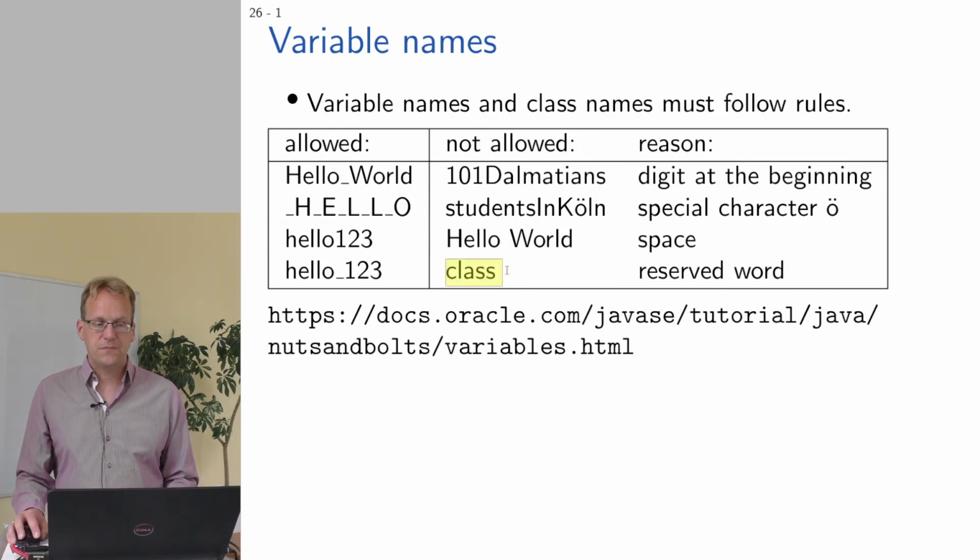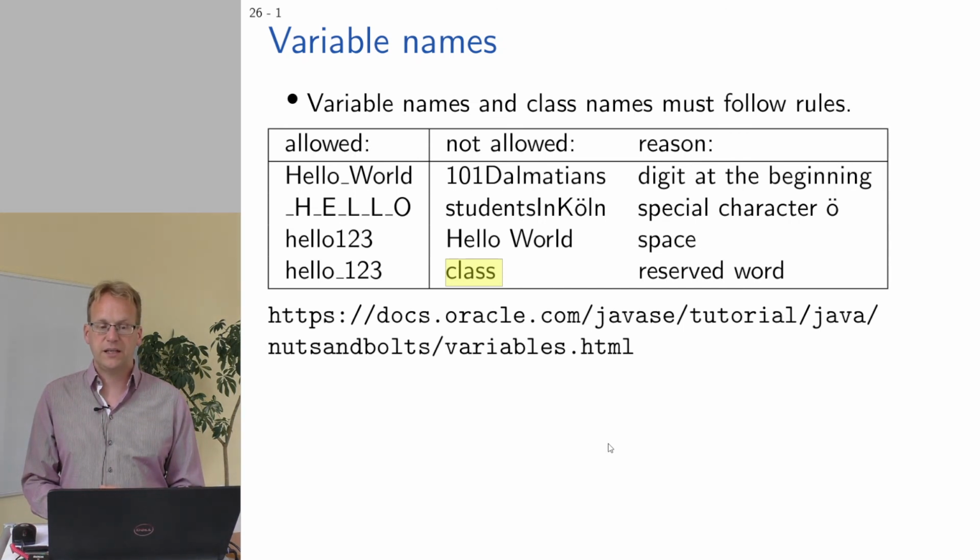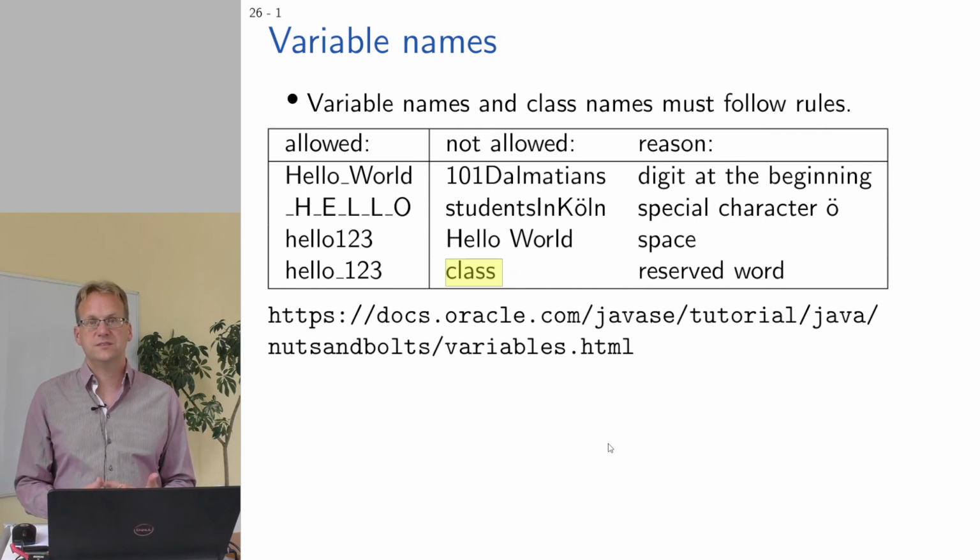And finally, there are these keywords in the Java programming language, like class, public, double, int. These words are reserved for the Java programming language. So of course, such words you can also not choose for variable names.